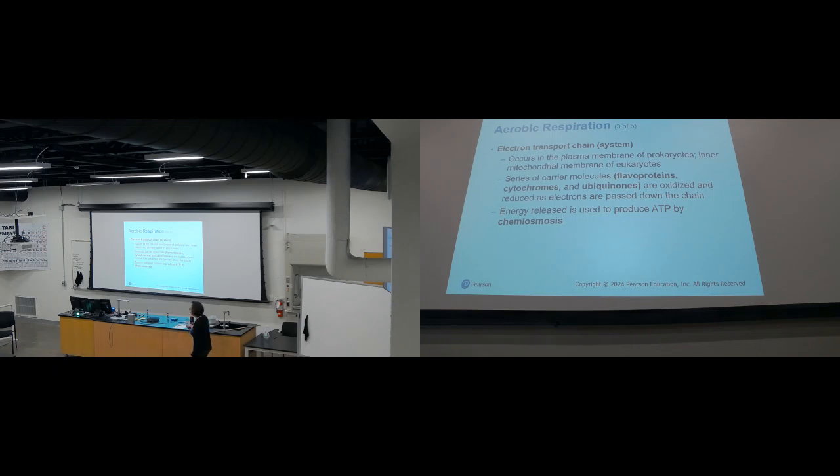Some of them are proteins, some of them aren't. Flavoproteins, or FMN, are part of these proteins, cytochromes as well, or ubiquinones, which are not proteins, but each of these participates in transferring electrons. As you move from the beginning of the electron transport chain to the end, the molecules are more electronegative, which means they can attract electrons much more easily. So the electrons flow from the beginning of the chain to the end.